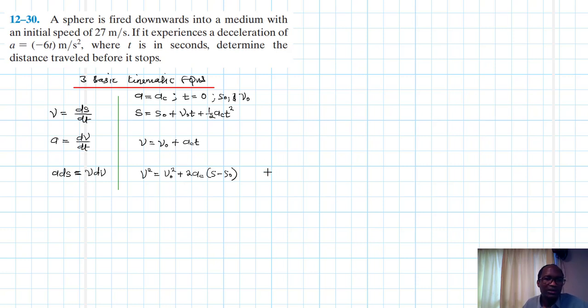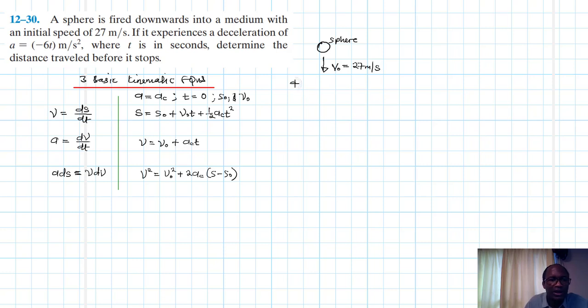So we have a sphere that is fired downwards. Let's draw this. Imagine we have this sphere and it is fired downwards like so, and its initial speed, say v naught, is equal to 27 meters per second.